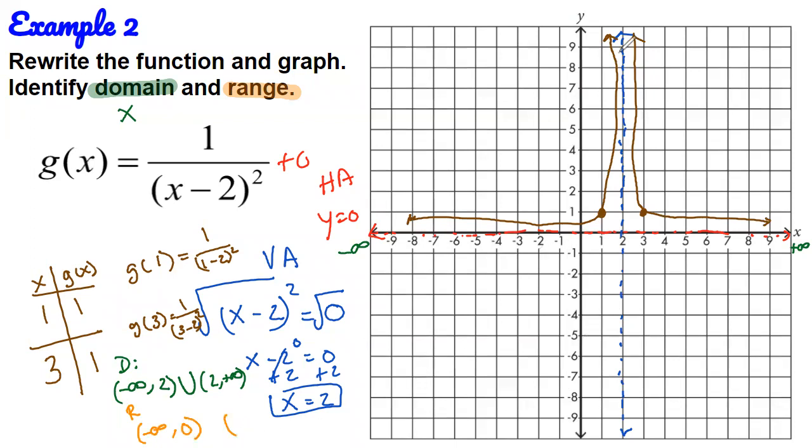And then if I come from positive infinity, where do I stop in my y-axis? At 0. So I need to come from positive infinity all the way to 0. And I have to unify my two sets. Now remember, I cannot enclose those infinities. So therefore, I have to use my parentheses.